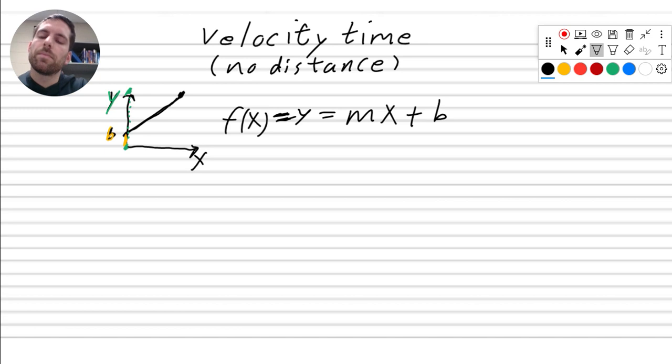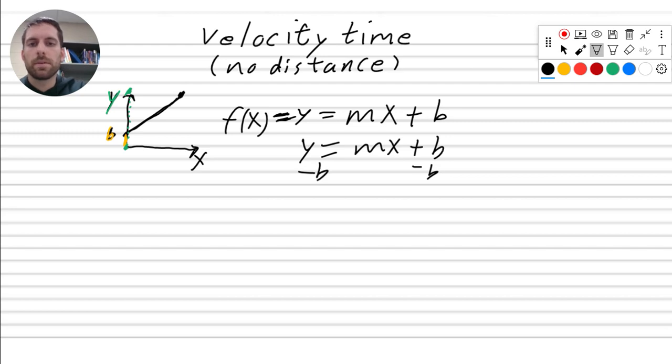So, now, knowing that, let's solve this equation for m. y minus b equals mx. Divide all this by x.